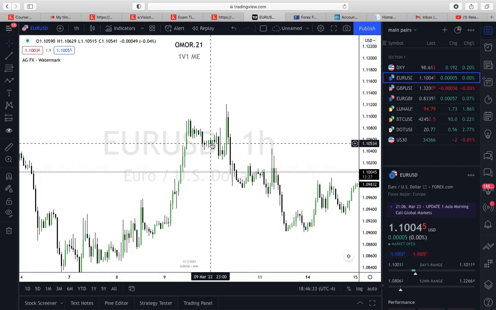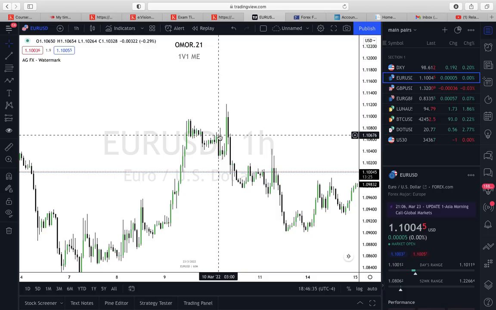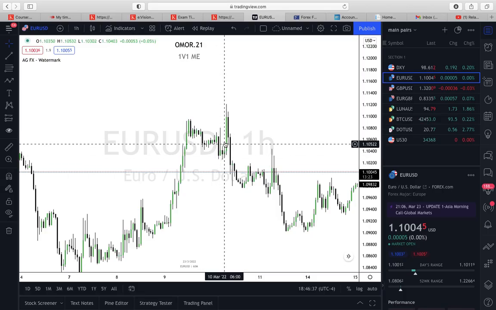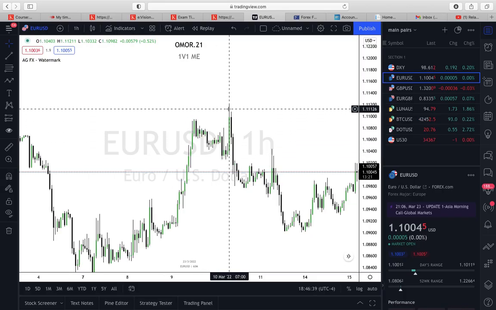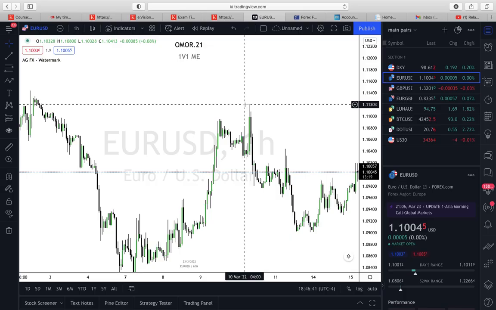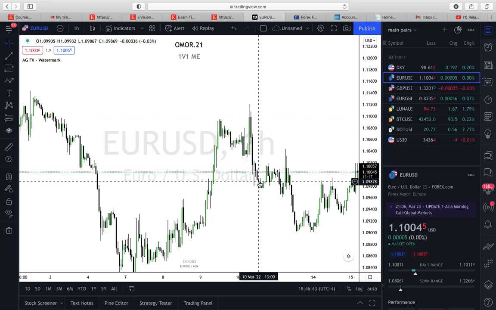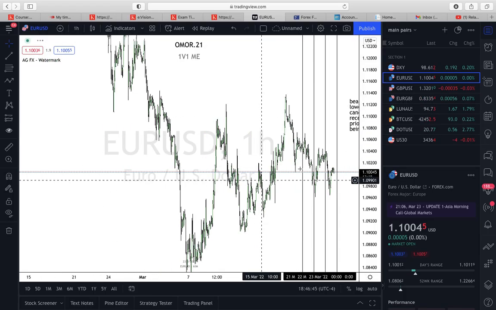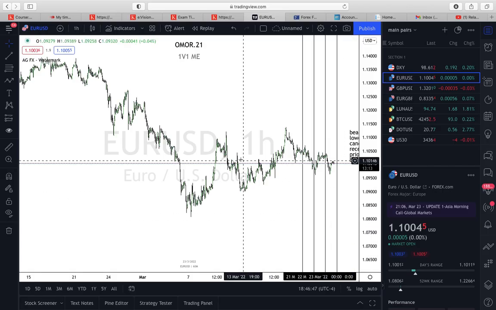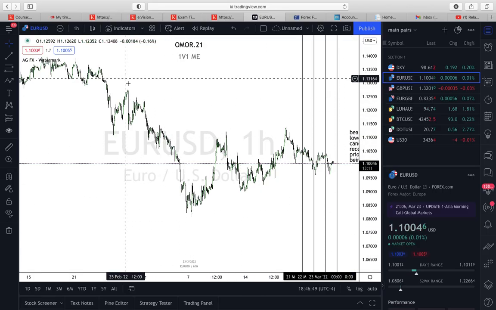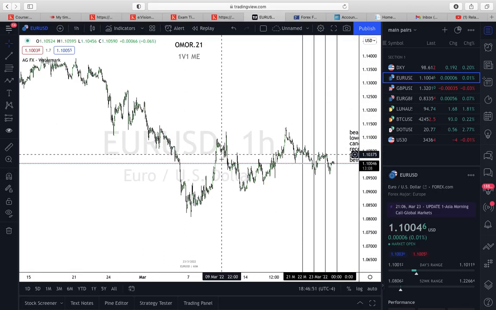High, low, higher high, lower low, in what? In a bearish market condition. Look, we're trading down lower. We come up.